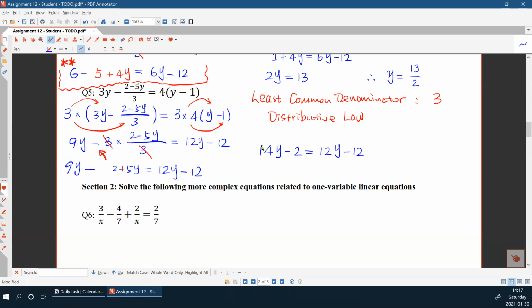That should be 14y, right? 9y plus 5y is 14y minus 2, equals 12y minus 12, and then put 12y on the left-hand side of the equation. You have 2y equals minus 10, right? And this gives us y is actually minus 5. And this is our final solution. Okay, have a look at this.